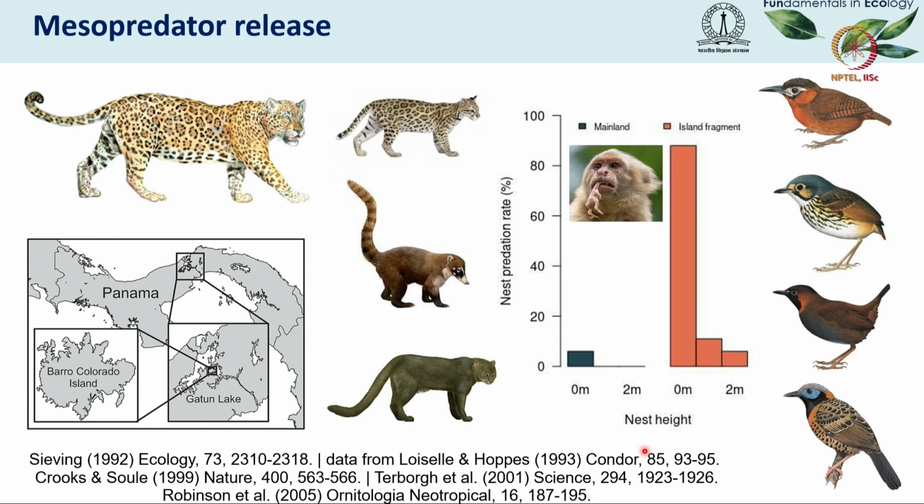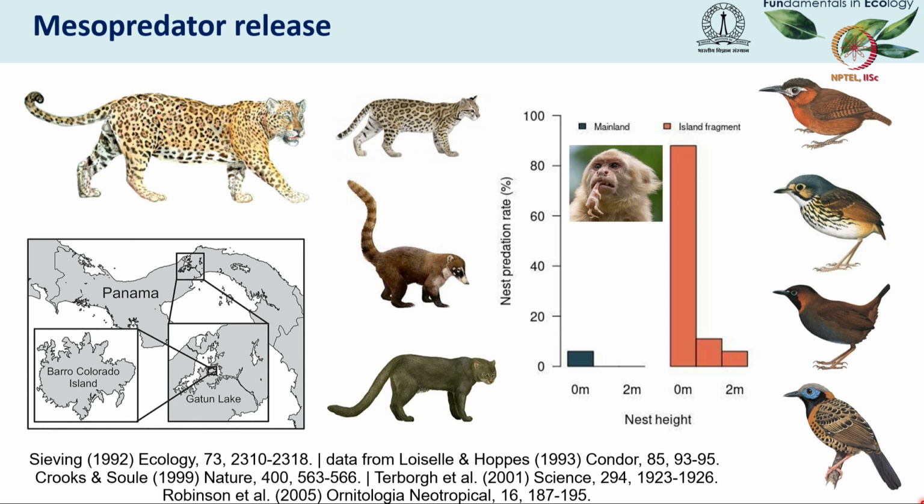So what happens with the formation of Barro Colorado Island is that this island is now too small to support a population of jaguars. Jaguars need a certain minimum habitat size to be able to persist, and because Barro Colorado Island was smaller than that critical size, jaguars disappeared from this forest.